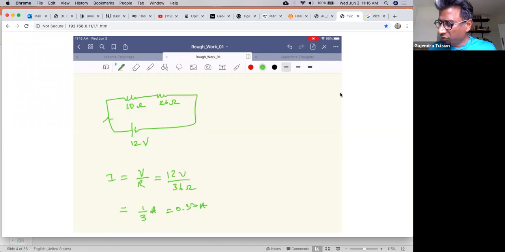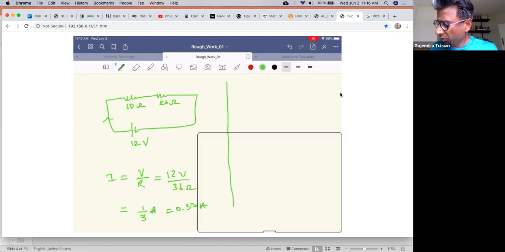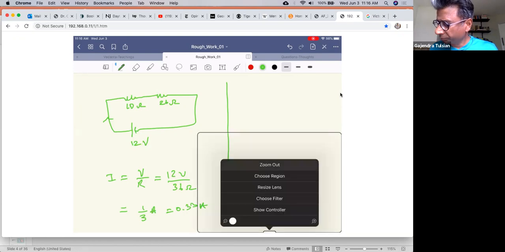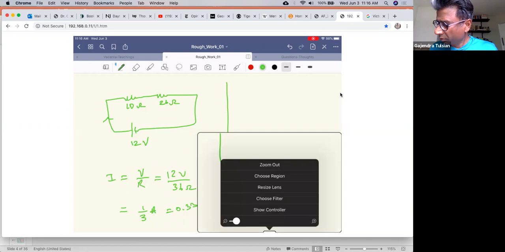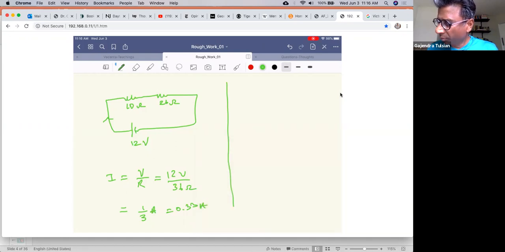And once you have the current, here's what you're interested in: the power dissipated in each resistor is I squared R. Or the power supplied to each element is I squared R. This is the reason why you want to know the current through each element.